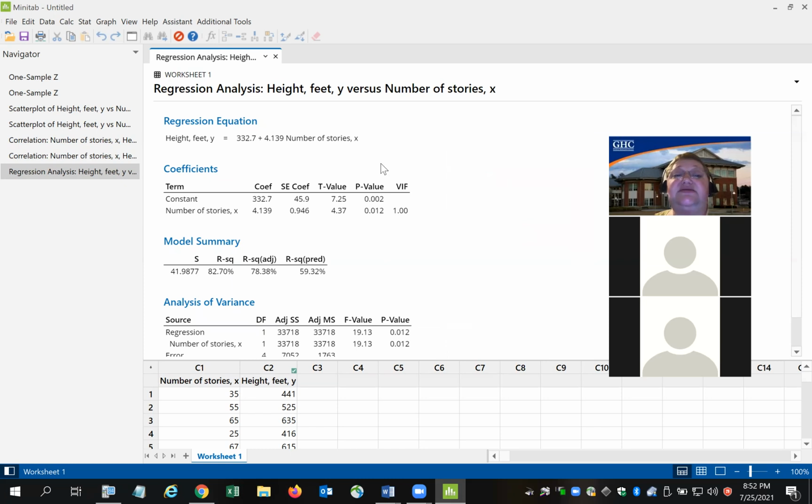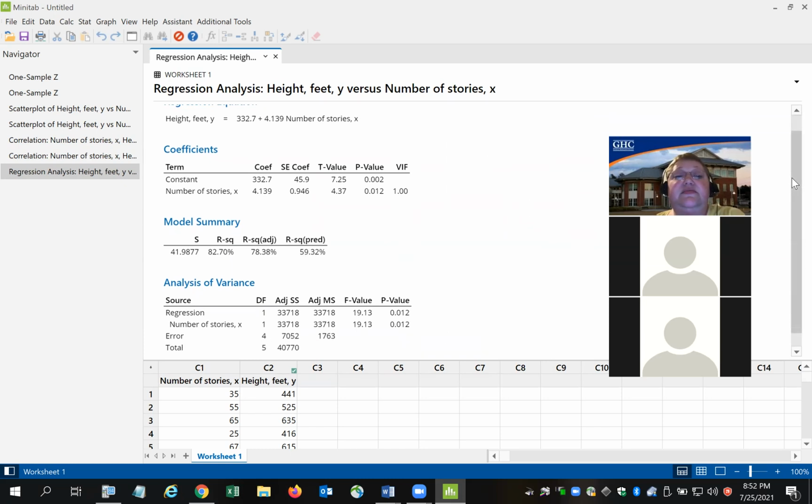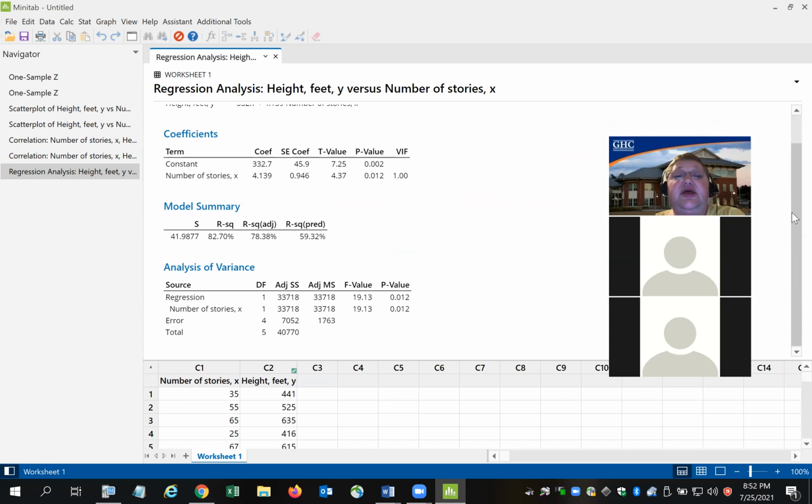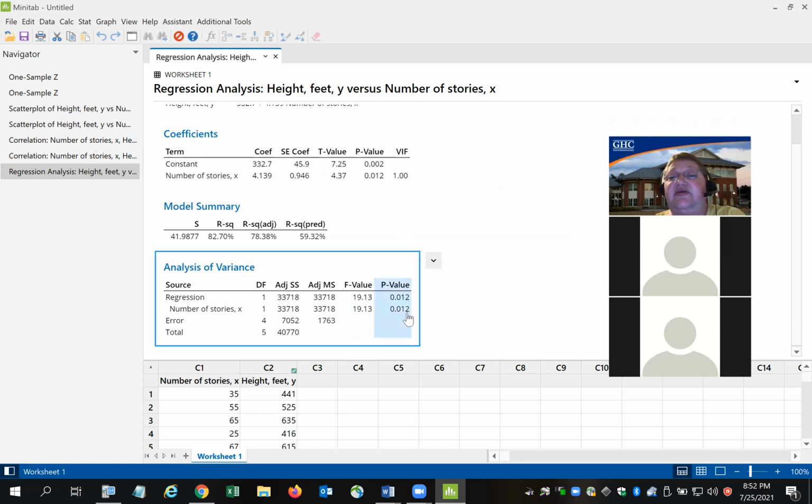And I get lots and lots of information. The p-value that I need is at the very bottom under the analysis of variance, under the header p-value. My p-value is 0.012.